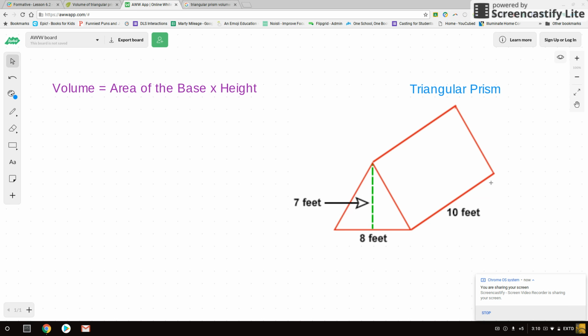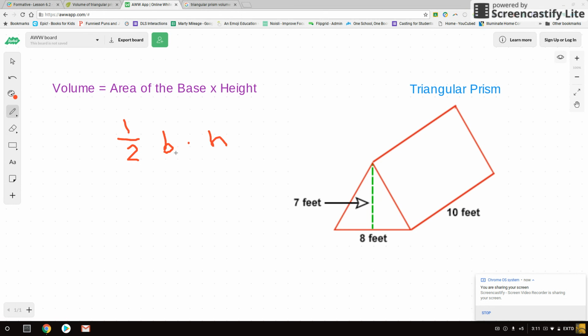All right, so let's take a look at this one. So the measurements are already there for us. We have a measurement of 8 feet kind of wide is this triangular base, and then 7 feet high. Well, we know that to find the area of a triangle, we take 1/2 of base times height.